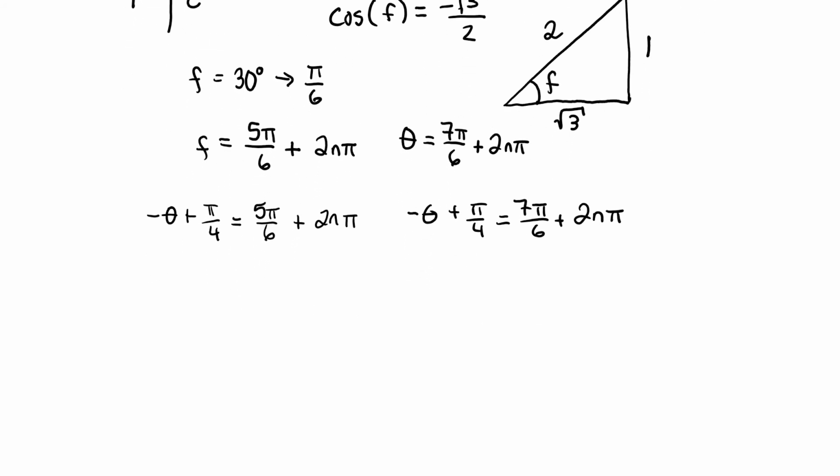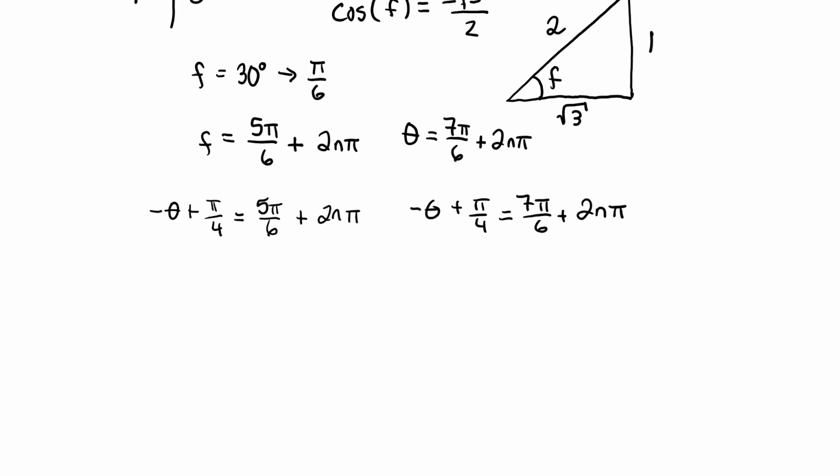Now, we solve for theta like it was a variable. So how do we do that? We just subtract pi over 4 from both sides and get negative theta equals 5 pi over 6 minus pi over 4, or 5/6 minus 1/4.